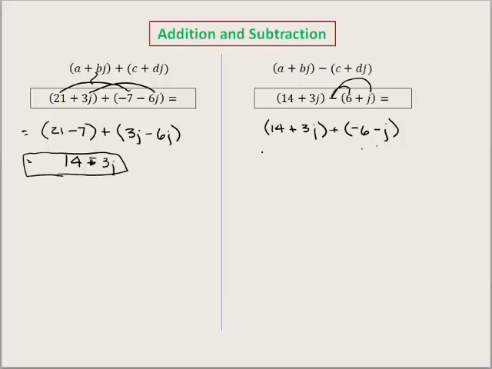So we'll combine the two a values and we'll combine the two j values. And 14 minus 6 is 8 plus 2j. So there is our answer for subtracting these two complex numbers.